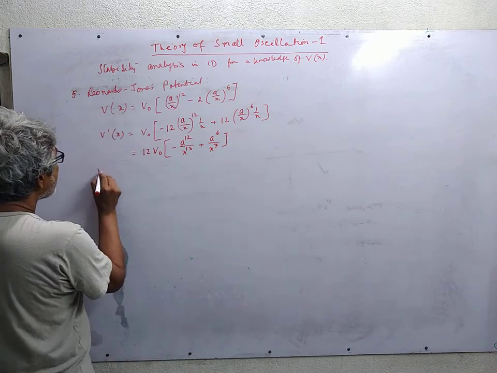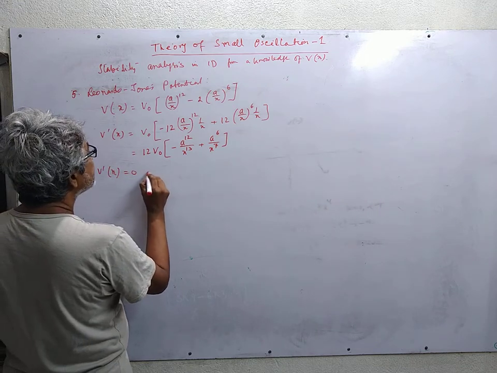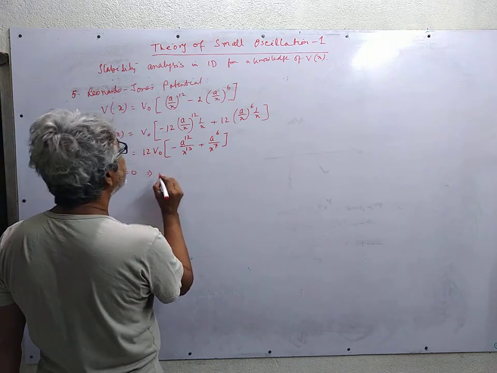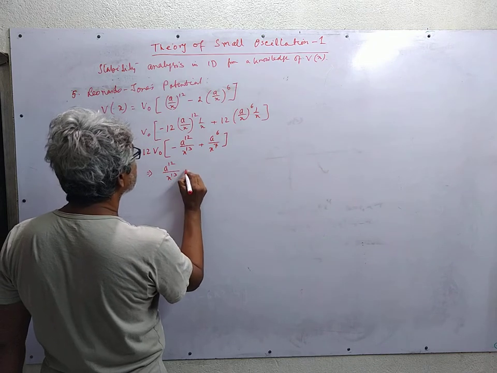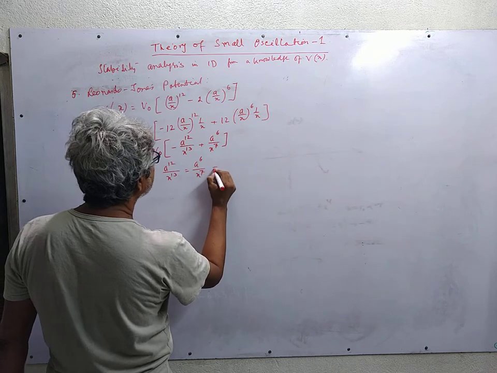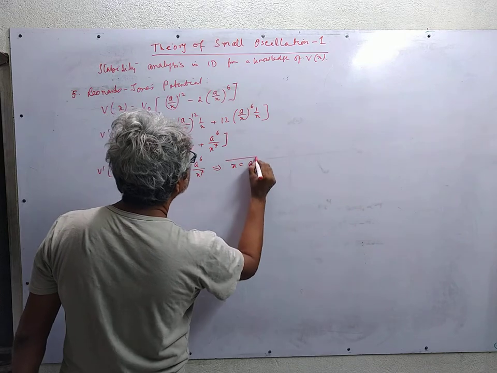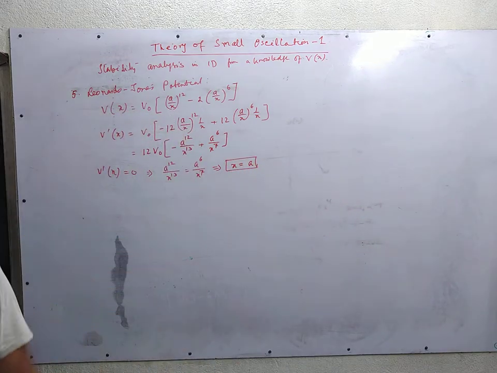So V prime of x is 0 means that A to the power 12 upon x to the power 13 is equal to A to the power 6 upon x to the power 7, which says that x is equal to A. So this is the equilibrium separation. V prime 0 means no force acts on it, and x is equal to A is the equilibrium separation between the two atoms.